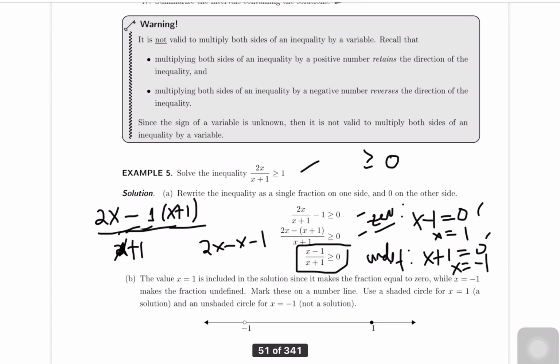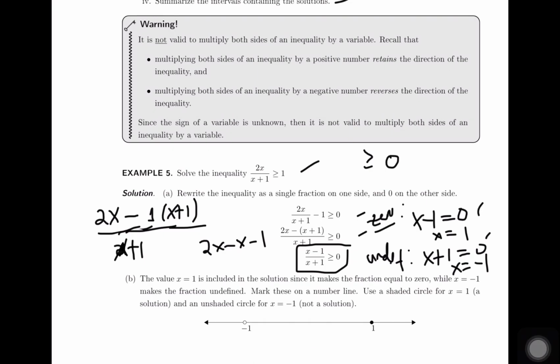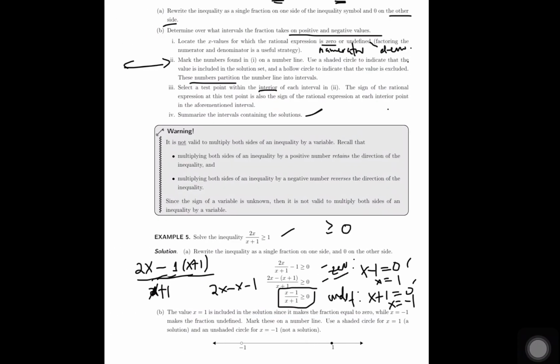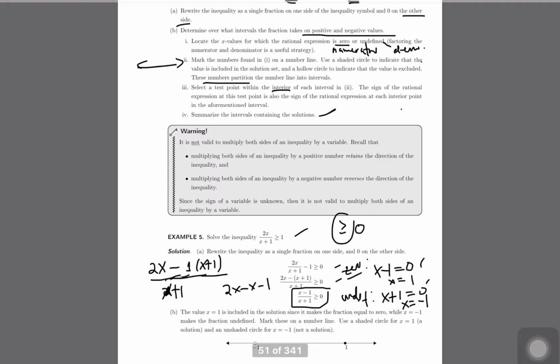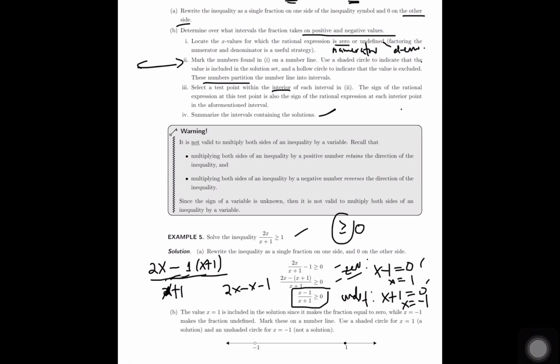So this is our number line. And positive 1 is here, shaded. Why shaded? Because our inequality here is greater than or equal, so it can be 0. It is from the numerator, so shaded.